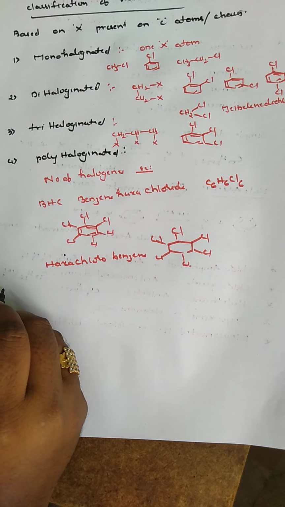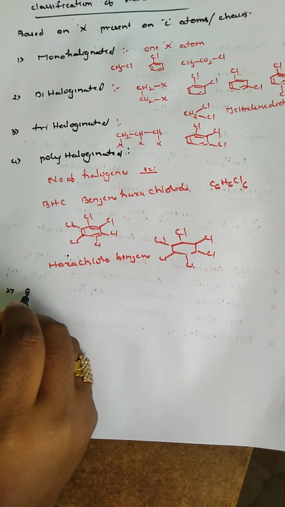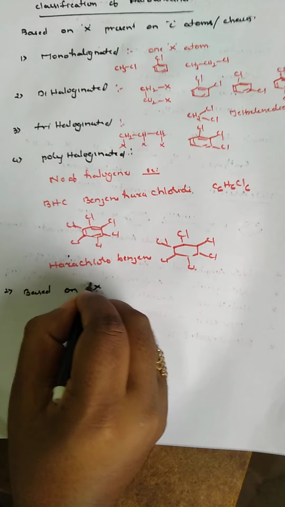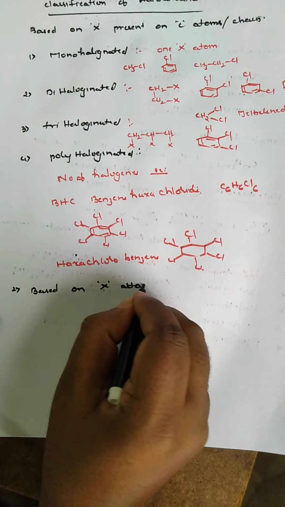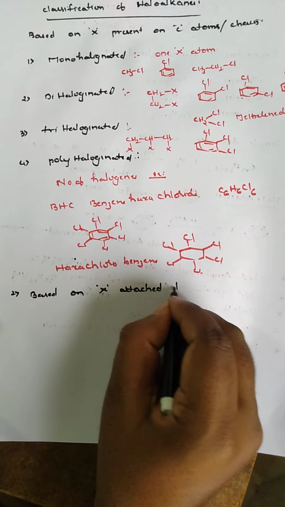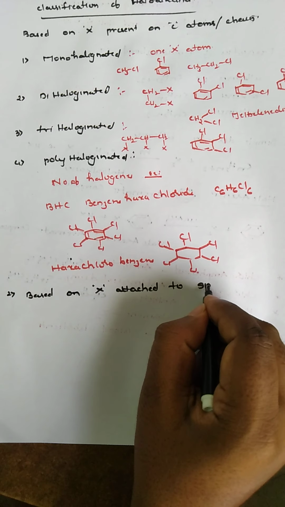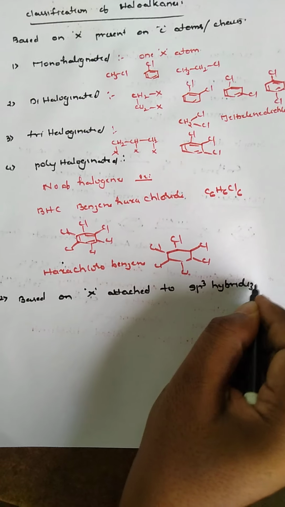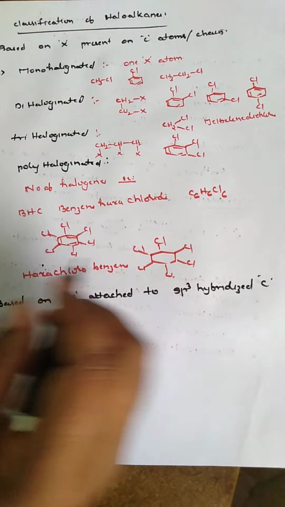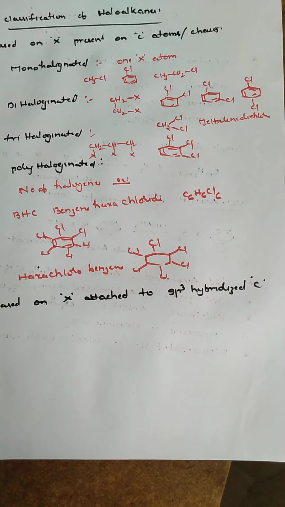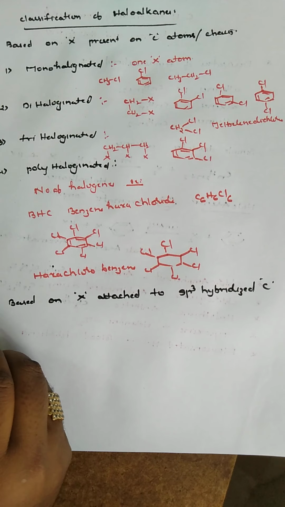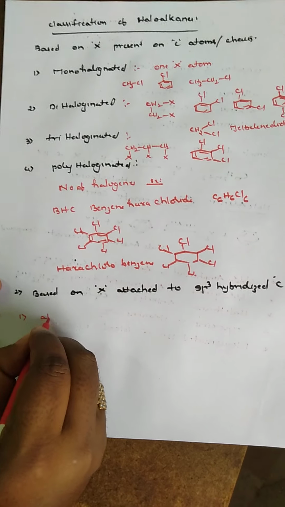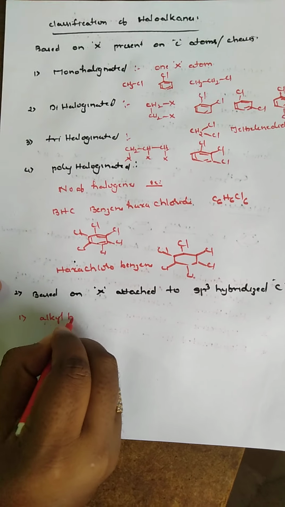Next, another classification based on the halogen attached to sp3 hybridized carbon. Based on this, the halogens are classified into three types. One we will call alkyl halides.